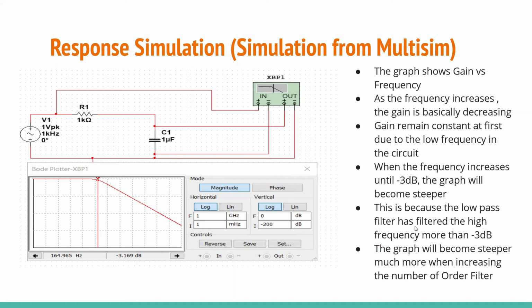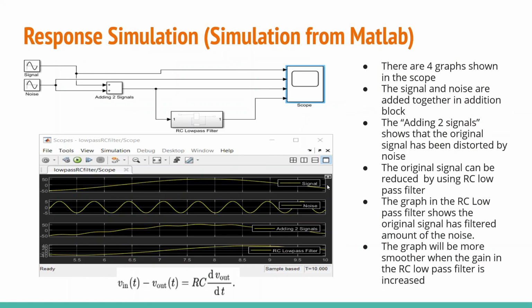Next, we look into the response simulation in MATLAB. In MATLAB, we have to determine the equation to design the RC low-pass filter. The equation we use for the RC low-pass filter is Vin minus Vout equals RC times d Vout over dt.